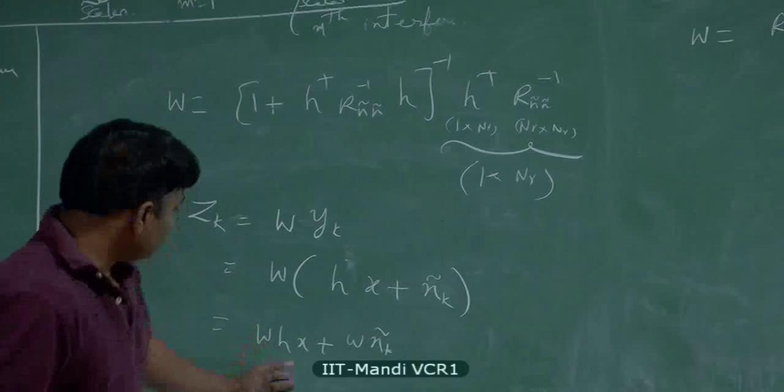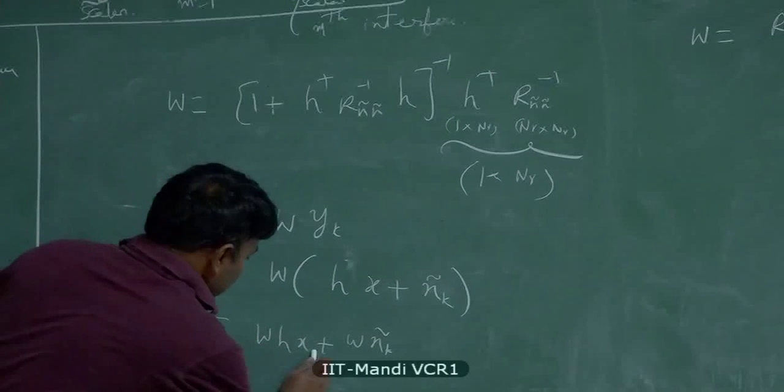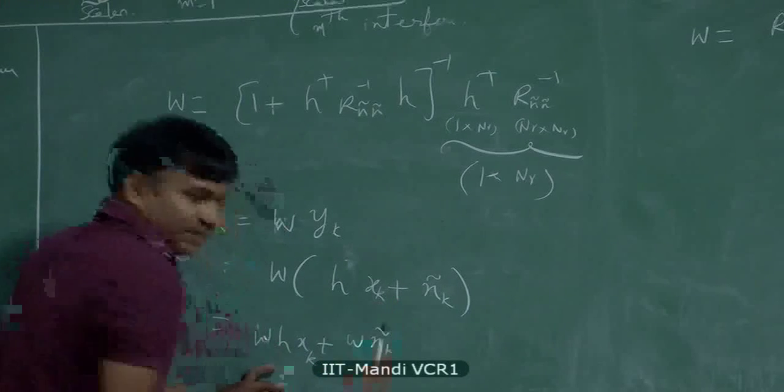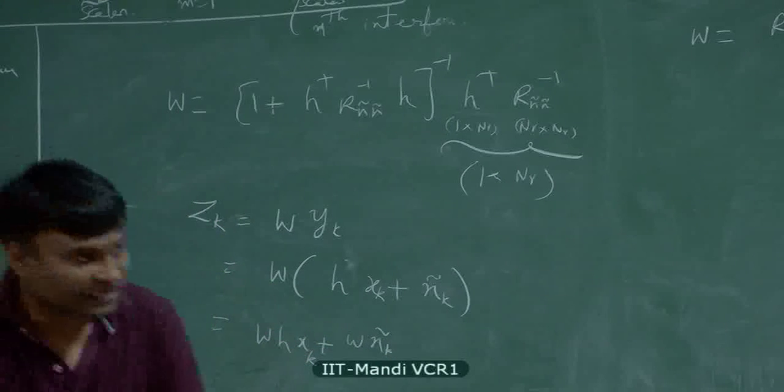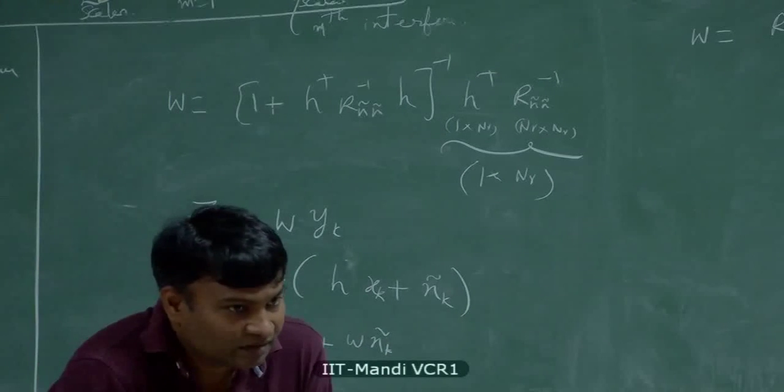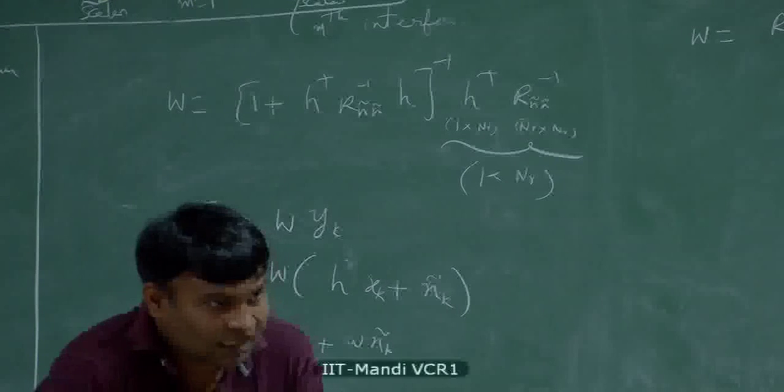Then you are ready to demodulate your symbols. That's all. So you don't have to worry about bias or anything. WH is your new channel, which is a scalar. So that is the bias.